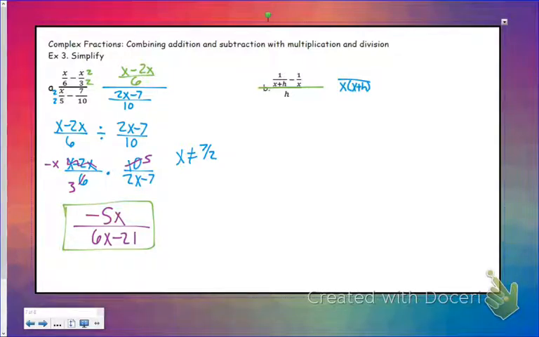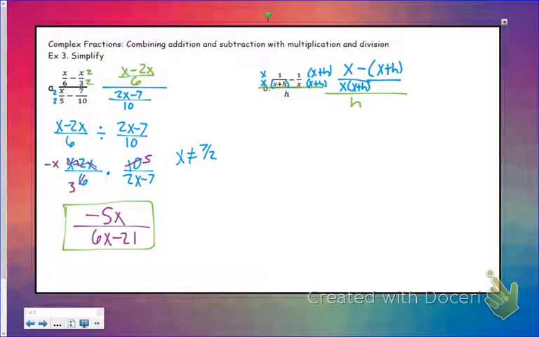So each of those factors independently, I need to multiply the other one by. So my left fraction gets multiplied by x. My right fraction gets multiplied by x plus h. So that leaves me with x minus x plus h over that common denominator. And then my whole fraction is still divided by h.